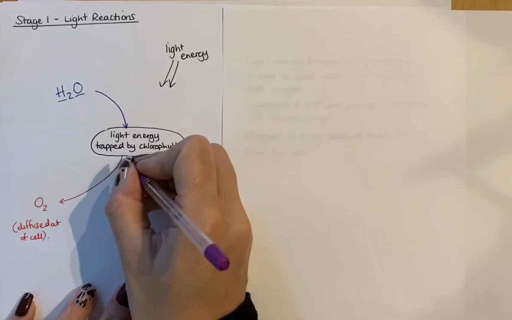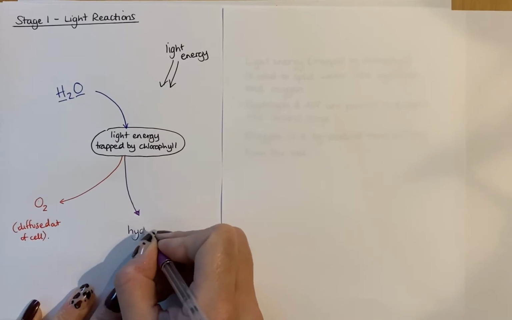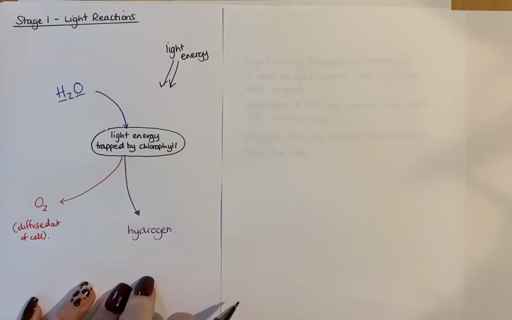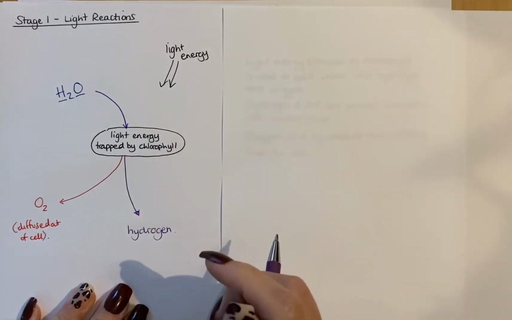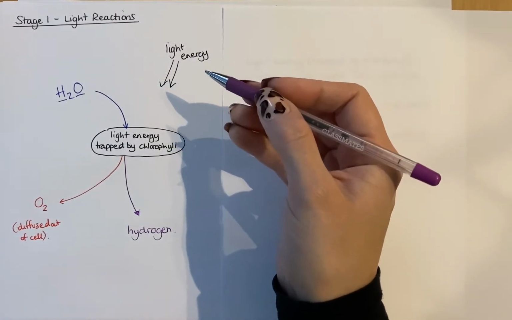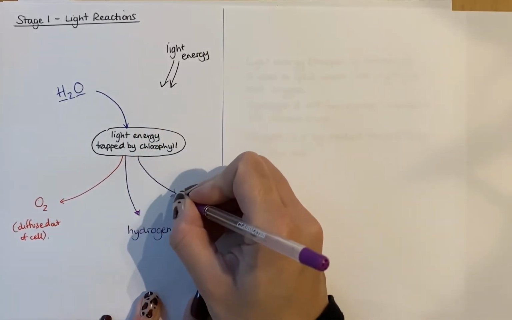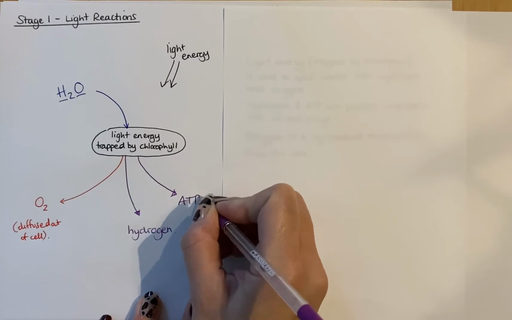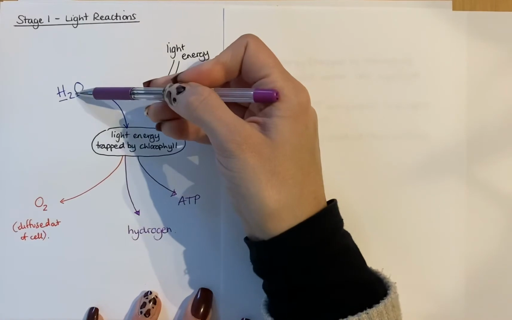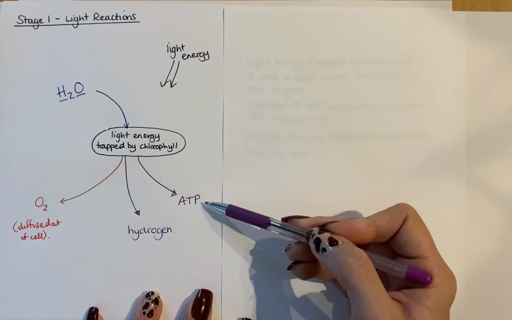We've gained the oxygen from here, and we also split that water up into hydrogen. So hydrogen and oxygen are produced when water is split up by that energy trapped in chlorophyll. Now, what I also said was that light energy is transferred into chemical energy, and that's stored in ATP. So in the light reactions we use light energy trapped by chlorophyll to split up water into oxygen and hydrogen, and ATP is also made.